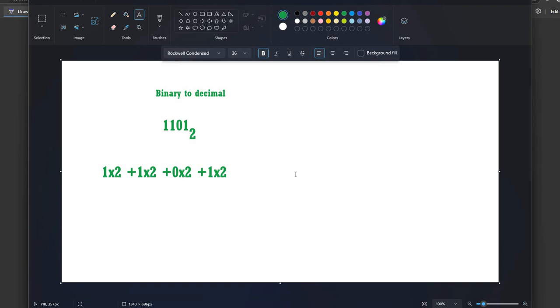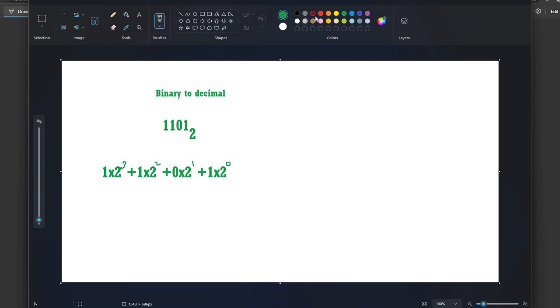Then after that, you can just write the positional value of this: 2 to the power 0, 2 to the power 1, 2 to the power 2, 2 to the power 3. 2 to the power 0 means 1.